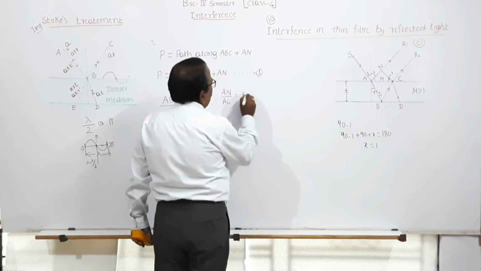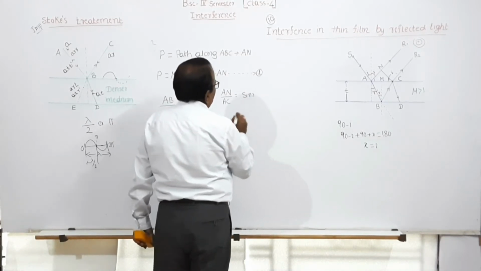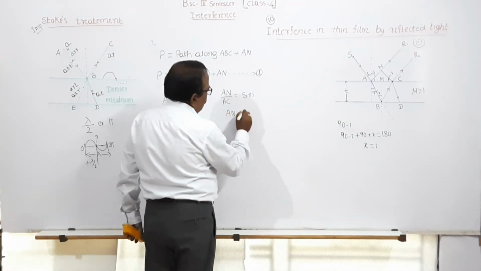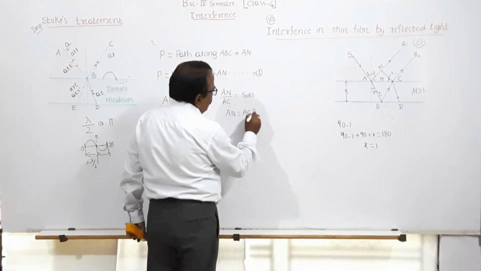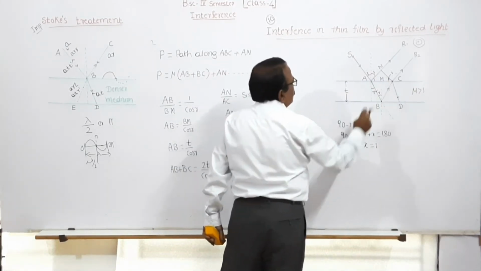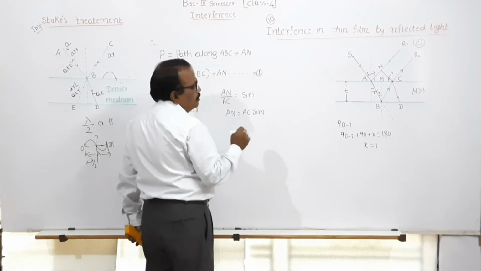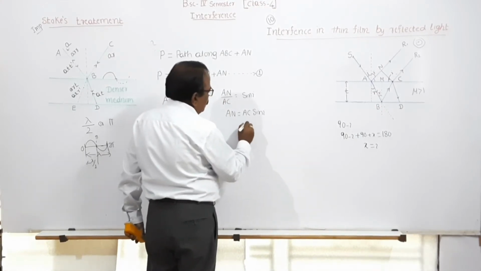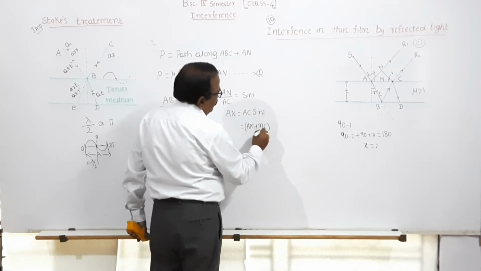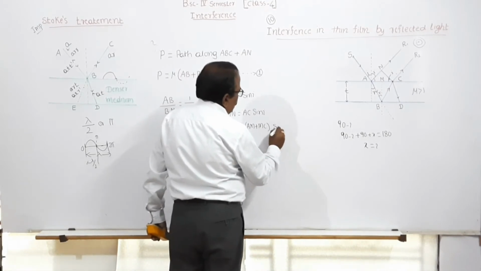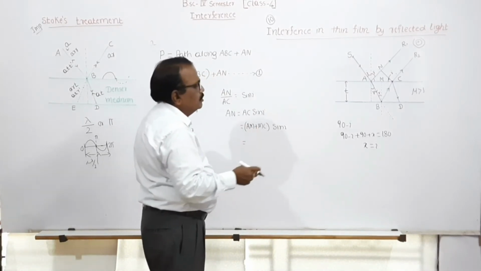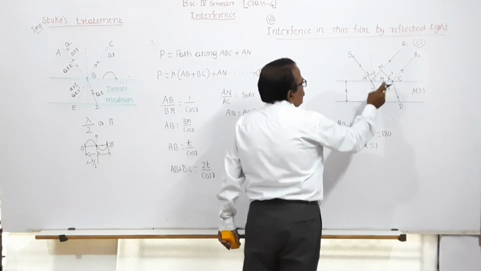This is sin I, or AN is equal to AC sin I. What is this AC? AC is AM plus MC, into sin I. So AM is same as MC.